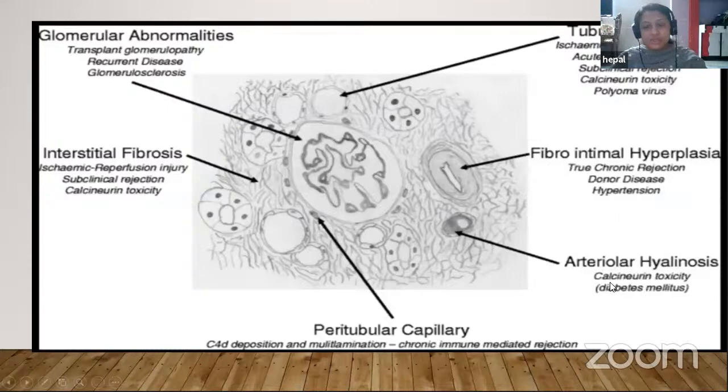Arteriolar hyalinosis: calcineurin toxicity or diabetes. Interstitial fibrosis: ischemic reperfusion injury, subclinical rejection, calcineurin toxicity. And the glomerular abnormalities: primarily transplant glomerulopathy, that is chronic antibody-mediated rejection, recurrence of primary disease, and glomerulosclerosis.